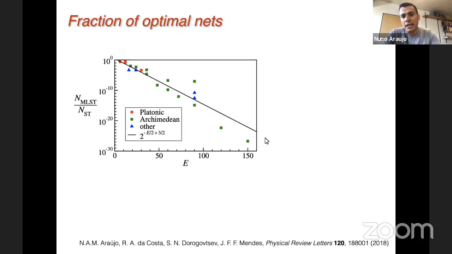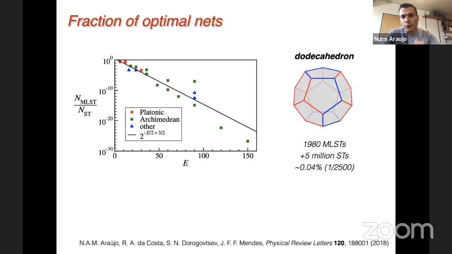The symbols are for different Platonic solids, Archimedean solids and other solids, and the line is something that I will explain later. But this means that if we try to do the process at random, the likelihood that we identify the optimal net just by using a random exploration of the configuration space decreases exponentially with the number of edges.